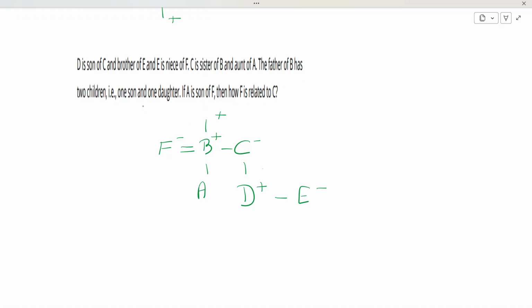So the father of B has two children, one male, one female, one son, one daughter. And if A is the son of F, how is F related to C? So F is basically sister-in-law of C. Okay, let's consider this now.